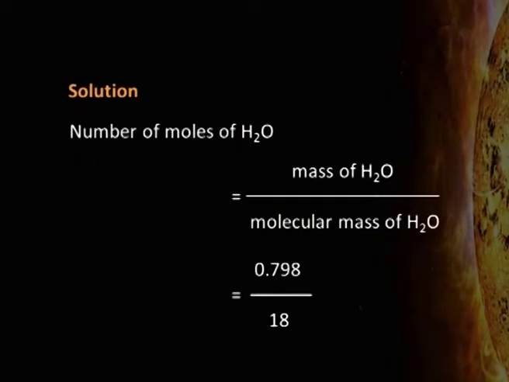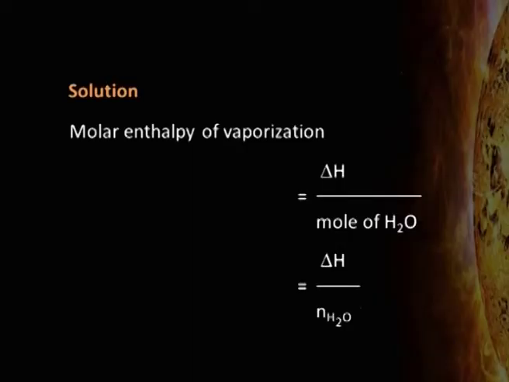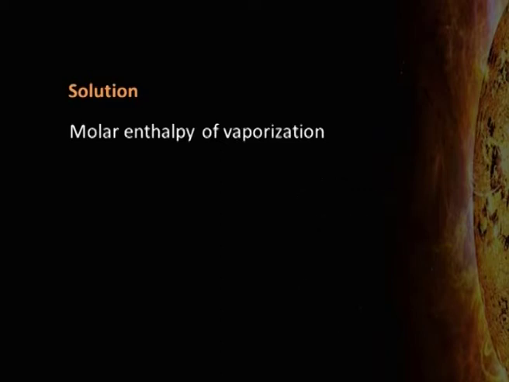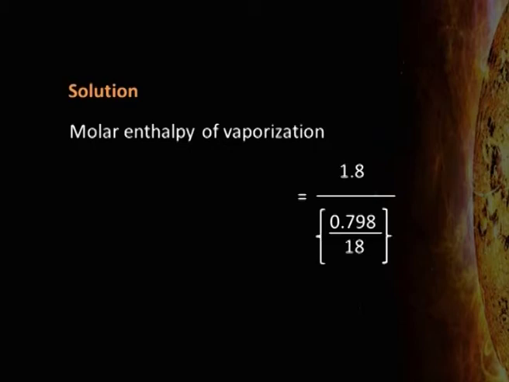Hence, number of moles of water will be equal to 0.798 divided by 18. Putting all these values, we will get molar enthalpy of vaporization equal to delta H upon number of moles of water, equal to 1.8 divided by 0.798 by 18, which is equal to 40.6 kilojoule per mole.